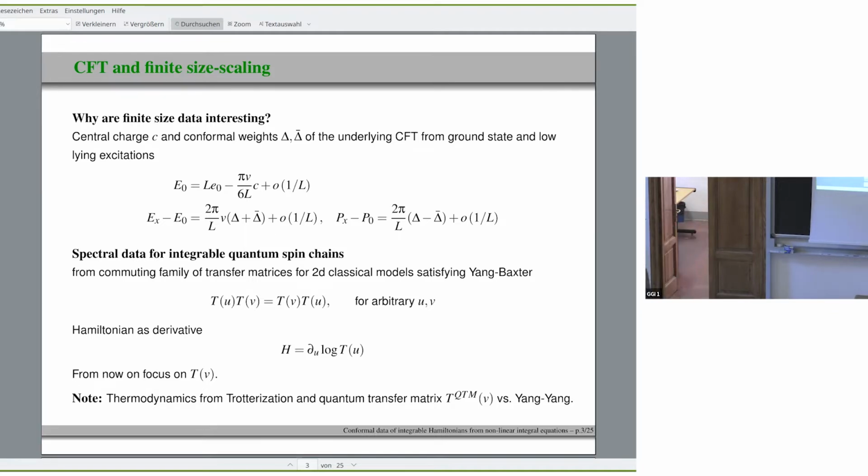As I said already, the spectral data for the integrable quantum spin chains we get by use of transfer matrices. Integrability, via the Yang-Baxter equation, allows us to define a transfer matrix as a function of the so-called spectral parameter, and for us these will be arbitrary complex parameters.